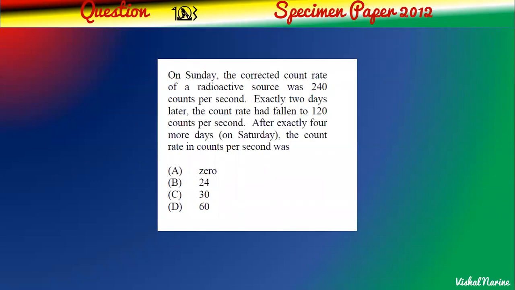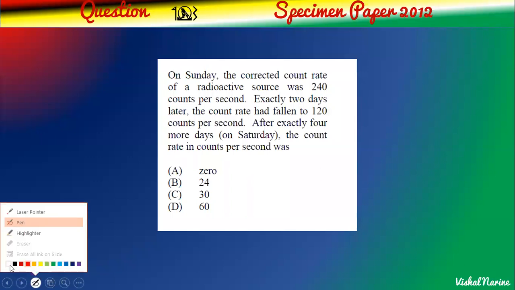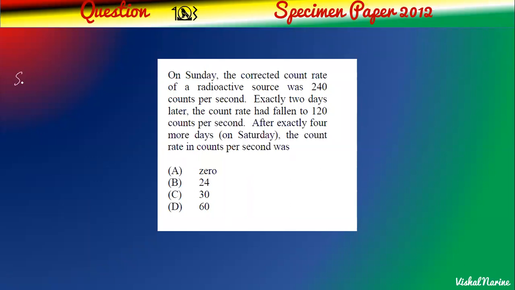103. On Saturday, the count rate of a radioactive source was 240 counts per second. I'm just dropping the units. Exactly 2 days later, on Monday, the count rate had fallen to 120, so this is basically half.